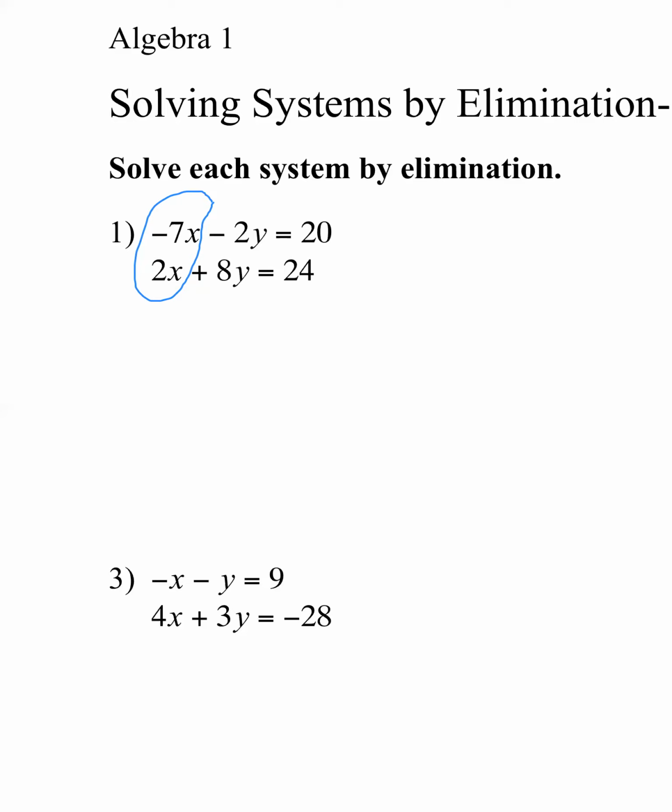Is there an easy way for me to turn that 2 into a 7? Can I multiply it by some number easily? The answer is no. So then I look at the y's. I'm looking at the 2. Is there an easy way for me to multiply 2 by something and get 8? Absolutely, I can multiply by 4. So that's my goal, and that's my thought process for how to get there.